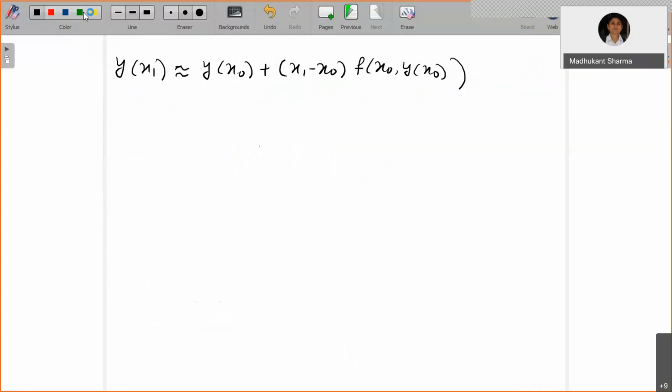Now we are going to use some notations as follows. y at xn we are going to use as the exact value, and y with suffix n we are going to say is the approximate value.